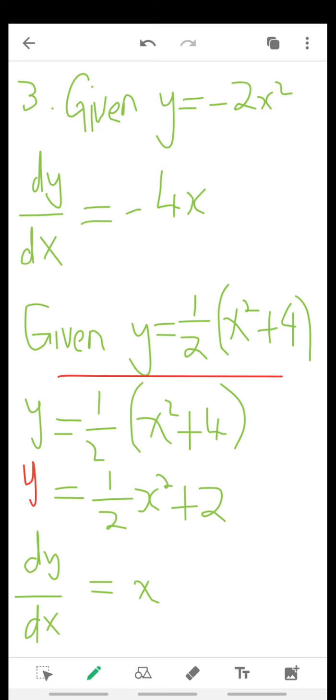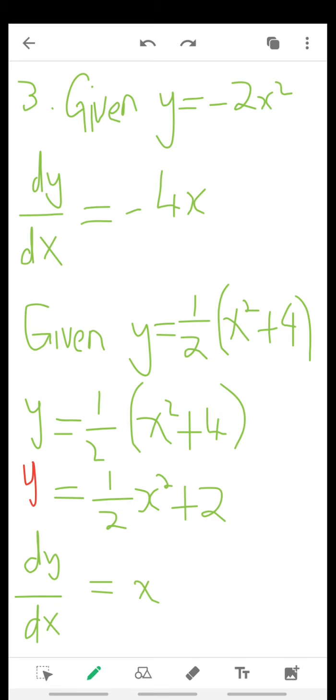We want to find dy over dx, but we are given the equation y equals half x squared plus 2.